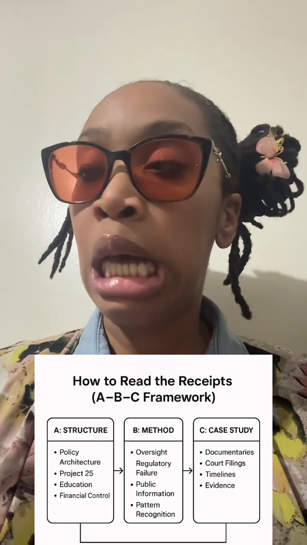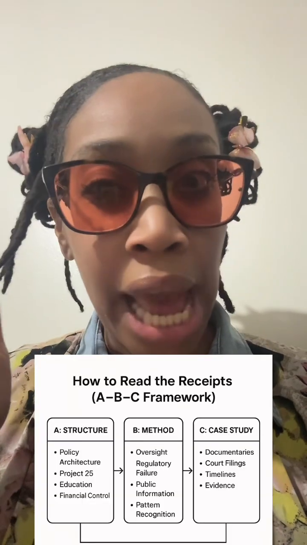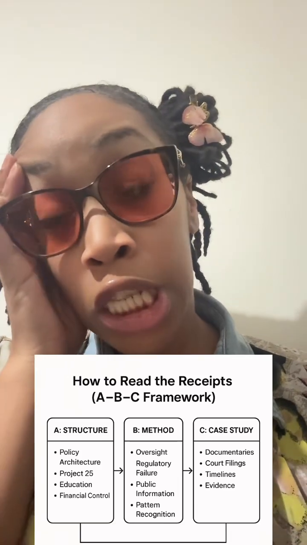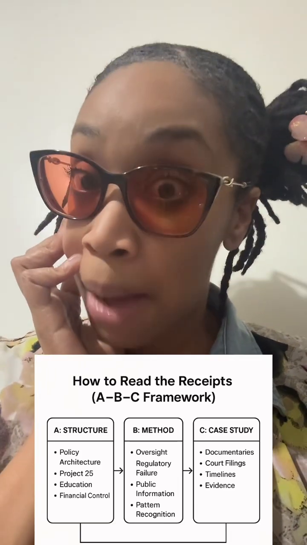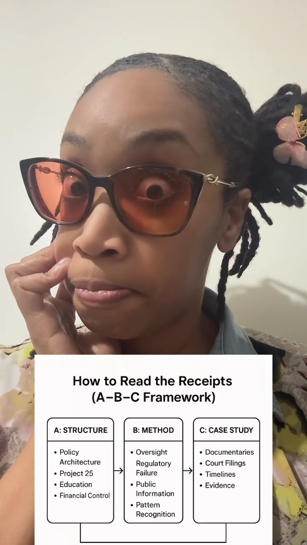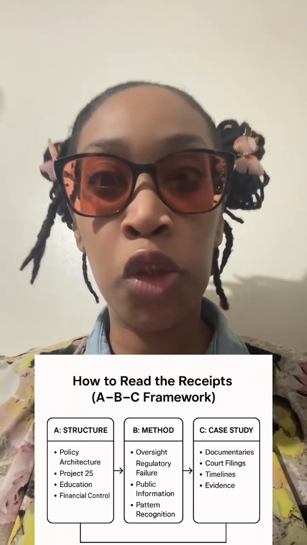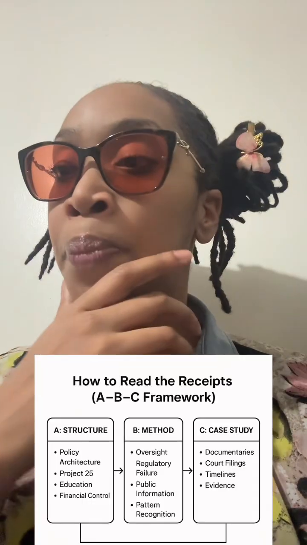So why do the diagrams even matter? Why did I spend all this time mapping this out? And trust me, oh my goodness, yes, I spent a lot of time putting these diagrams together. But each diagram is numbered on purpose because I want you to follow the sequence, the structure.